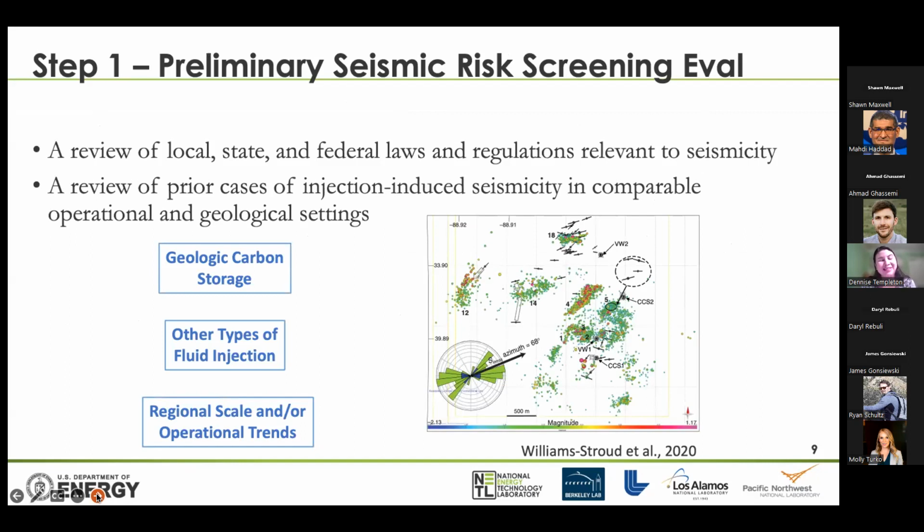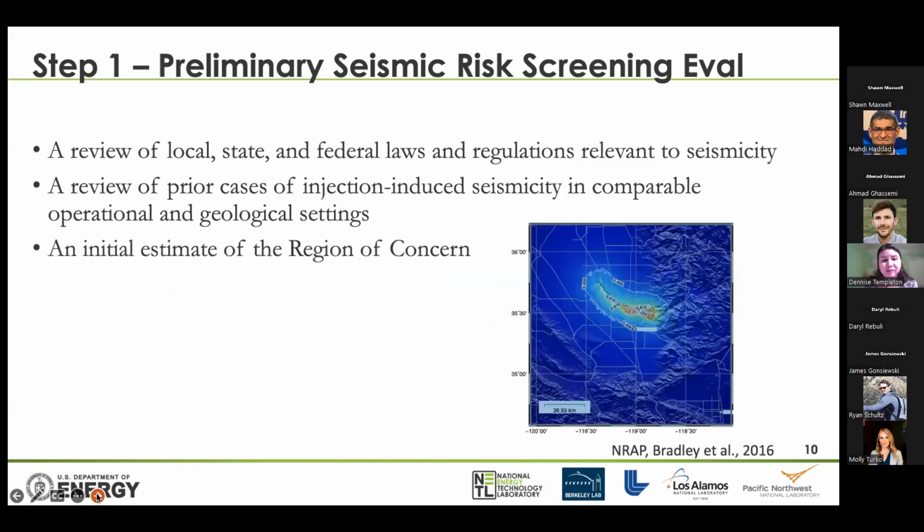So ideally, it would be great to get other geologic carbon storage seismicity or non-seismicity, as the case may be. But if that is not available, then we should be looking at other types of fluid injections and looking at regional scale and operational trends.